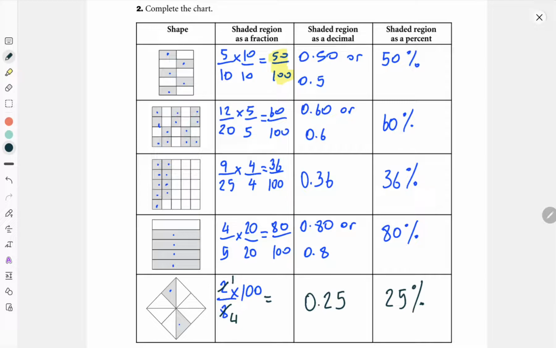Will be 0.25. And the fraction one, it's pretty easy, right guys? So 25% means 25 over 100, right? 25 over 100. All right guys, now of course there are many ways on how we can solve it, and this is one of the ways.